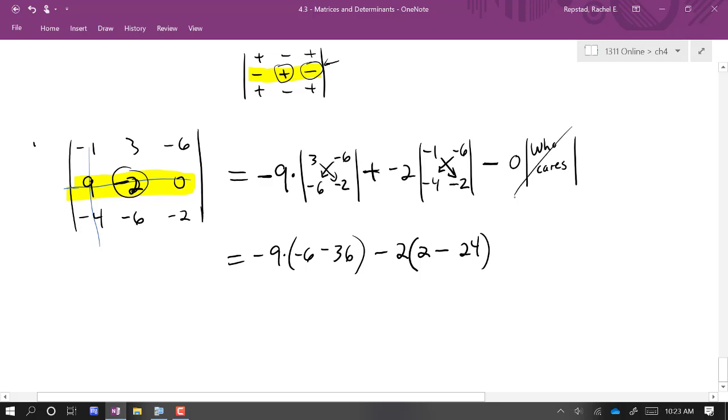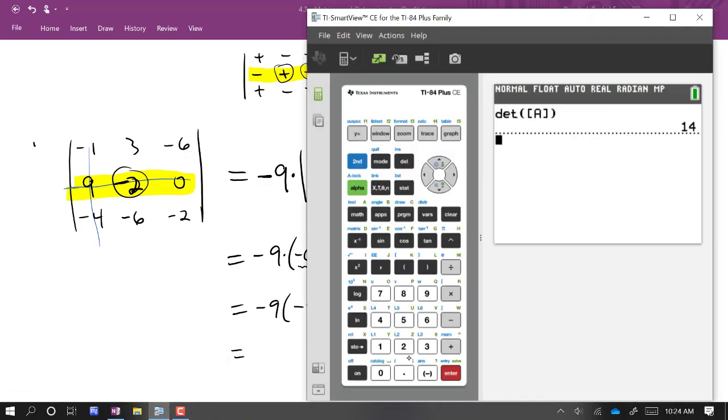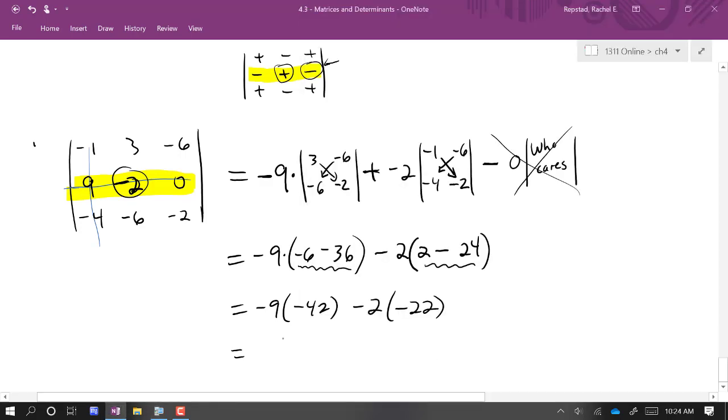And this just zeroes out, so I'm not going to worry about that. The rest of this is arithmetic. So negative 9 times, let's see, this is negative 42, minus 2 times, this is negative 22. Negative 9 times negative 42 minus 2 times negative 22 is positive 422. And that's the determinant.